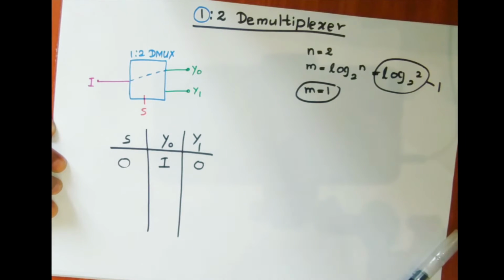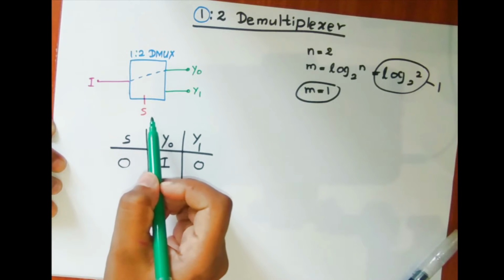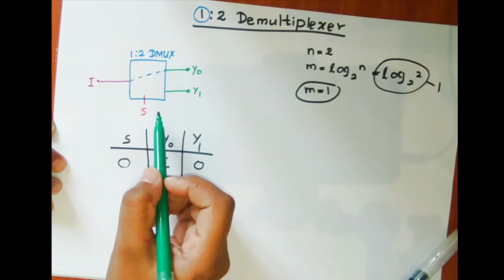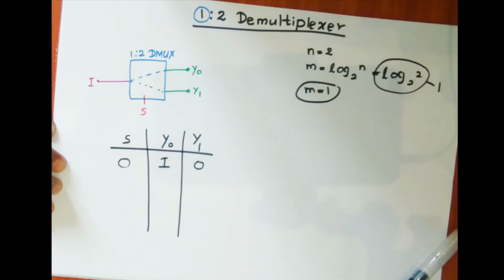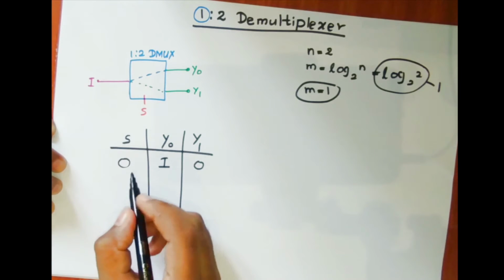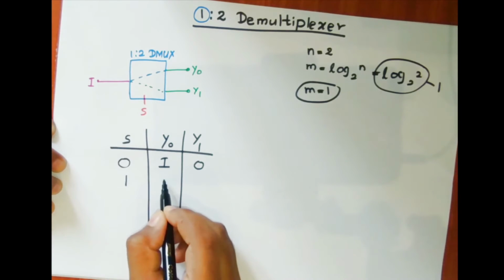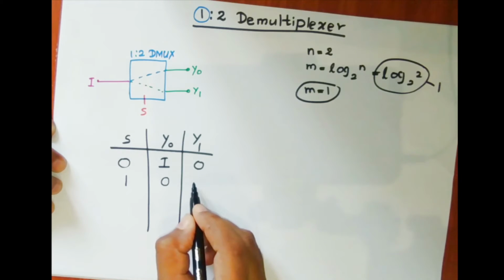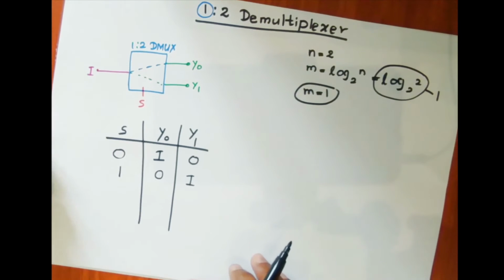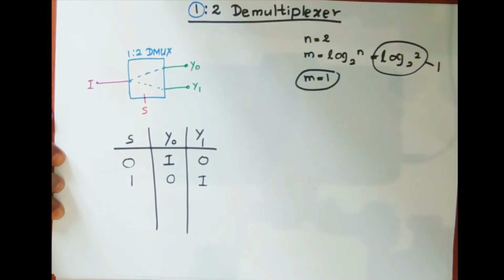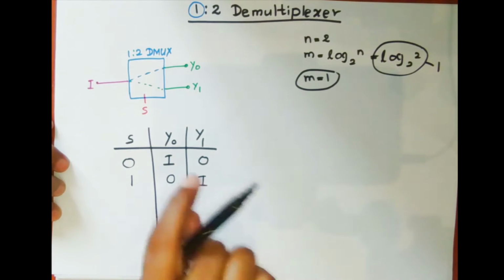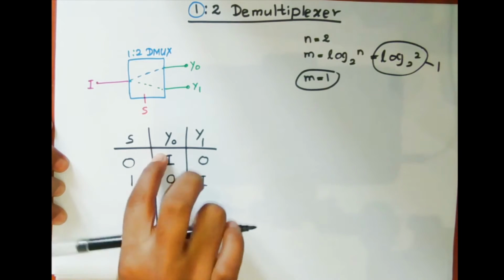And when the selector is on, which is S equal to 1, the input is going to that output, which is Y1. So we can write it like S is 1, Y0 is 0, and Y1 is I. So we can get expressions for both Y1 and Y0.